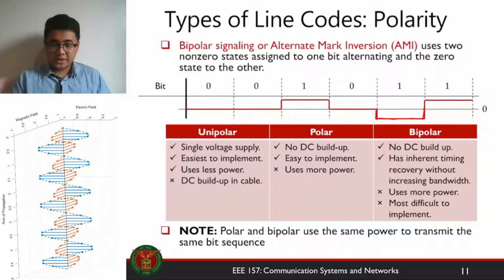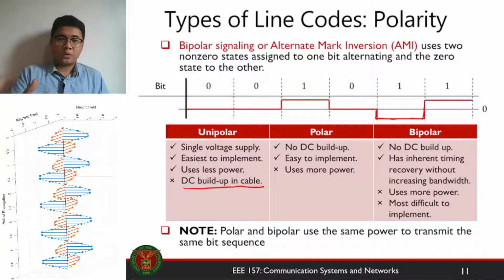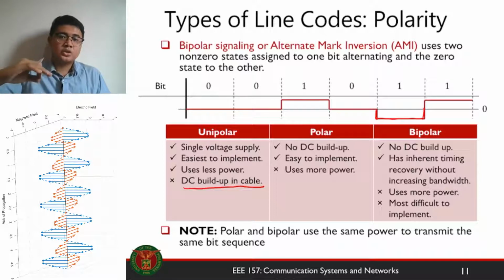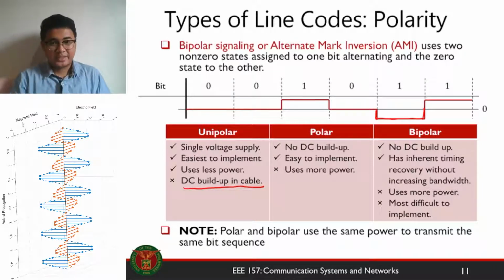But the problem here is that we have what we call a DC buildup in the cable. If you solve for the average voltage of your unipolar line code, you get a non-zero voltage, a voltage that is far above zero. This voltage consumes bandwidth that is not used in the transfer of information, and we don't want any DC buildup in the cable.